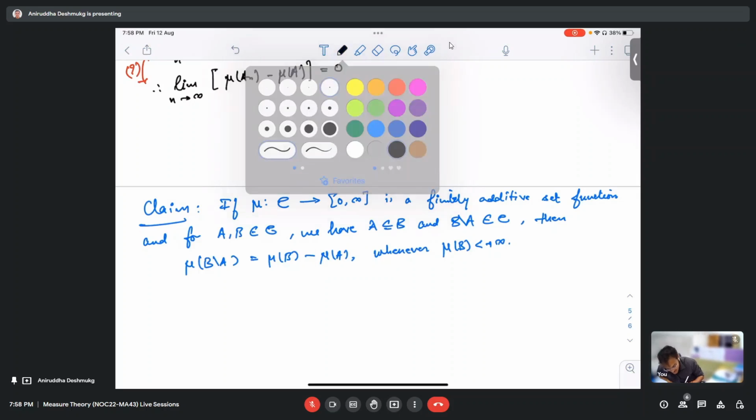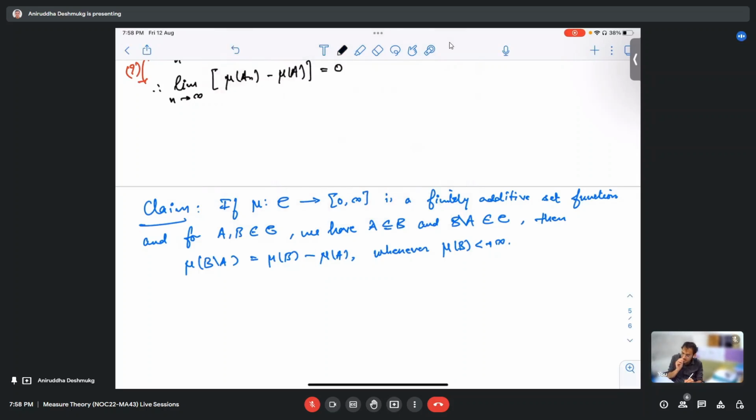So have you seen this type of result in the class? Yeah. So how do you prove it? You simply write B as A union B difference A. This is a disjoint union.